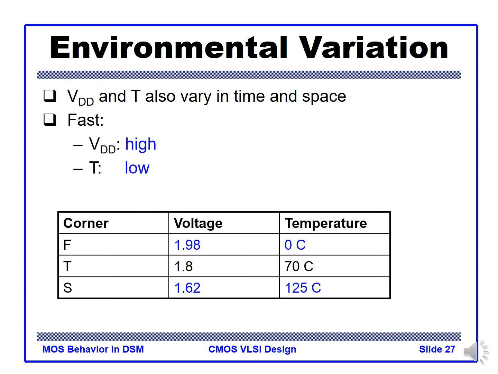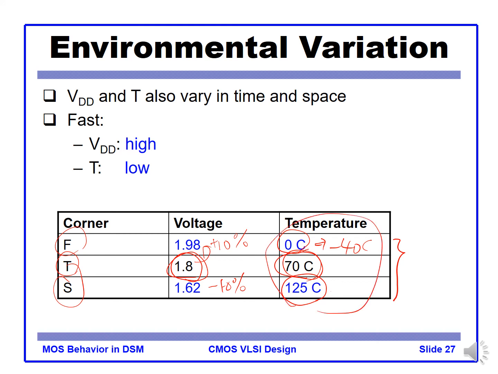So we can define the environmental variables for fast corner, typical, and slow. For typical operation, the supply voltage is 1.8 and temperature is 70 degrees, for example. For fast corner, we can increase the supply voltage 10%. For slow corner, we can decrease the supply voltage 10%, and also temperature 125 C, and for fast corner 0 degrees C or minus 40 C. So these are things that you want to guarantee the operation for.